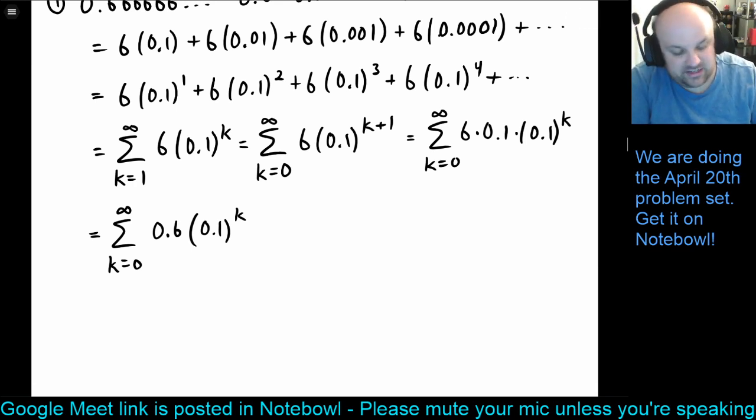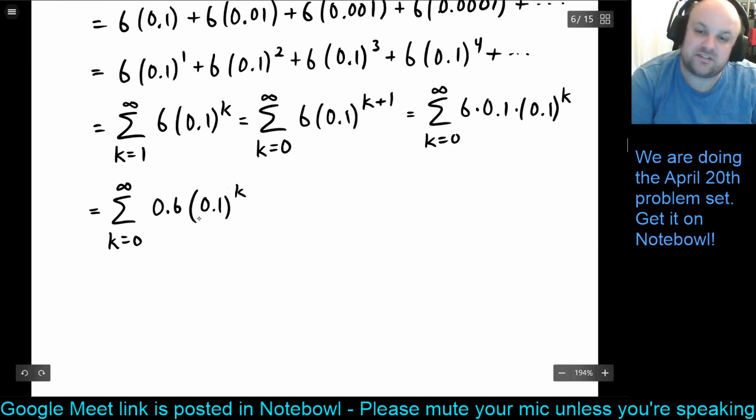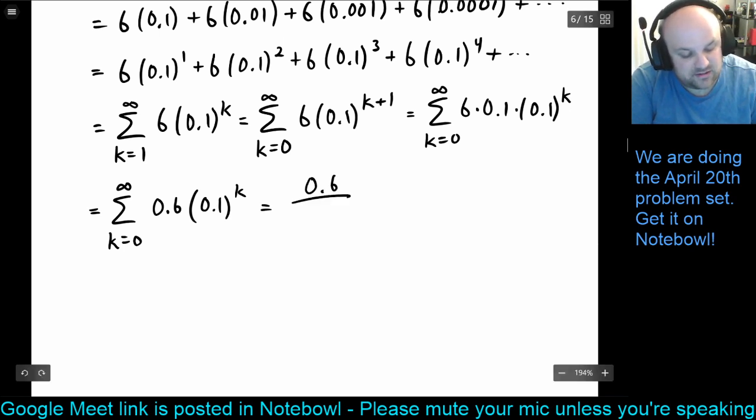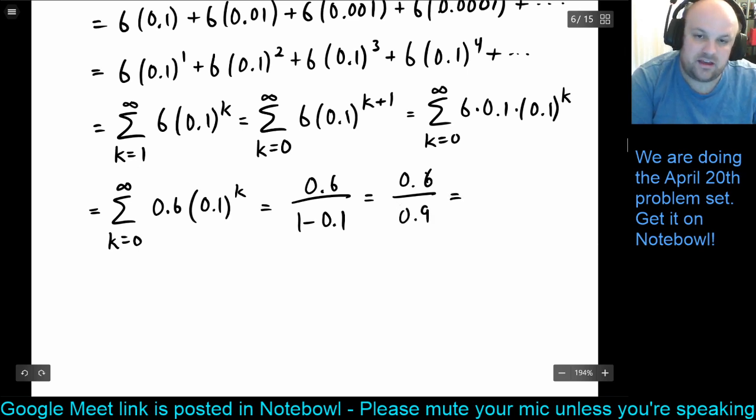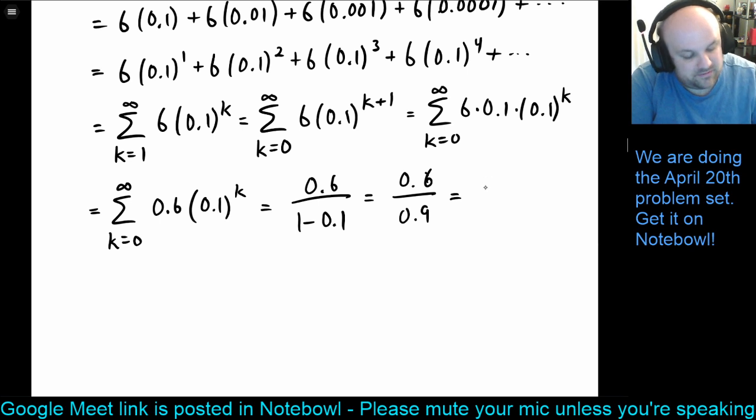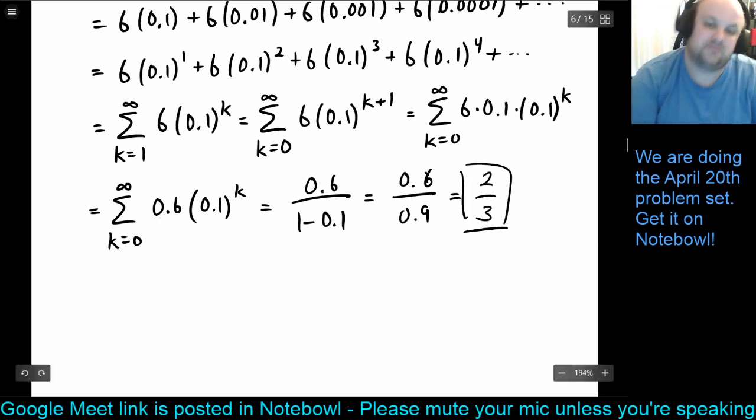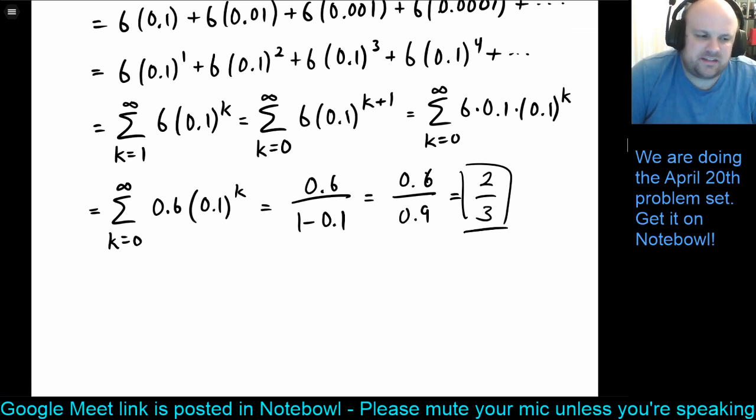And we can see here, this is a convergent geometric series because the magnitude of r is 0.1. So this is going to be 0.6 over 1 minus 0.1. That's 0.6 over 0.9. And I'll let you go ahead and sort that out, but you should get 2/3 as sort of expected here, right?